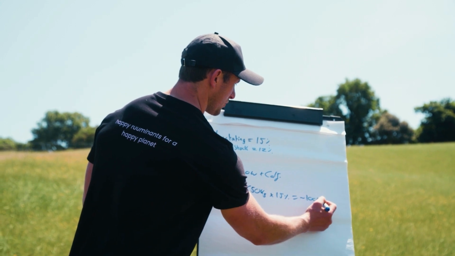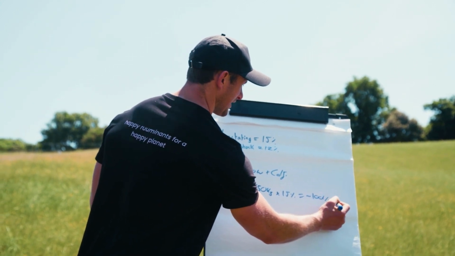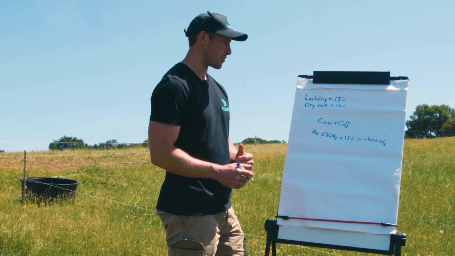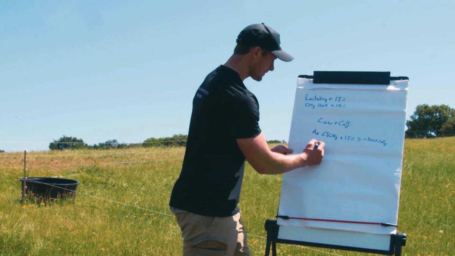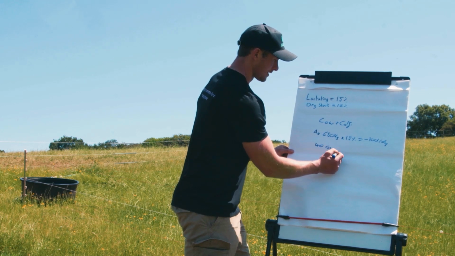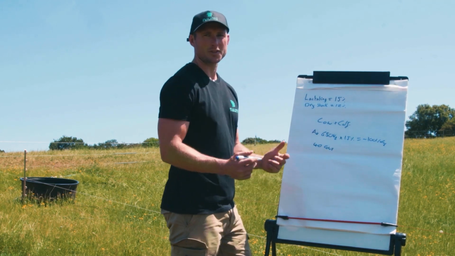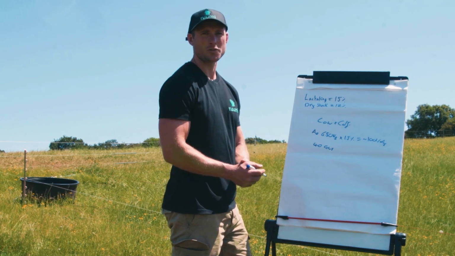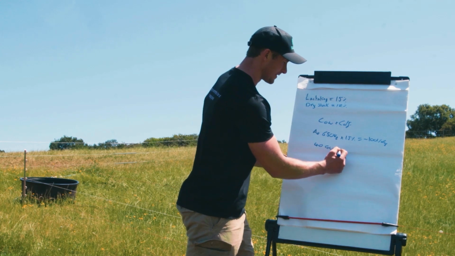So that's 100 litres of water per day per cow. So if we had maybe a group of 40 cows, then we would times 100 litres by 40, and that would give us 4,000 litres for that group. 4,000 litres per day.